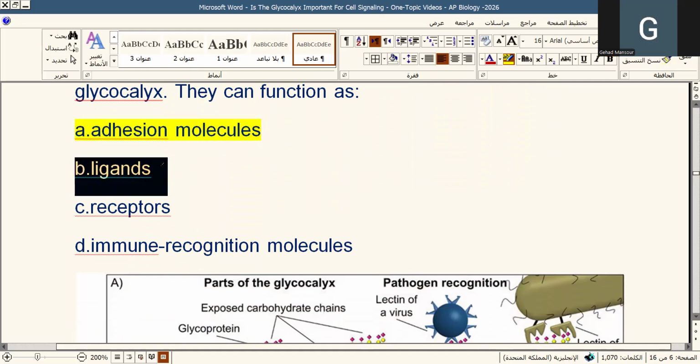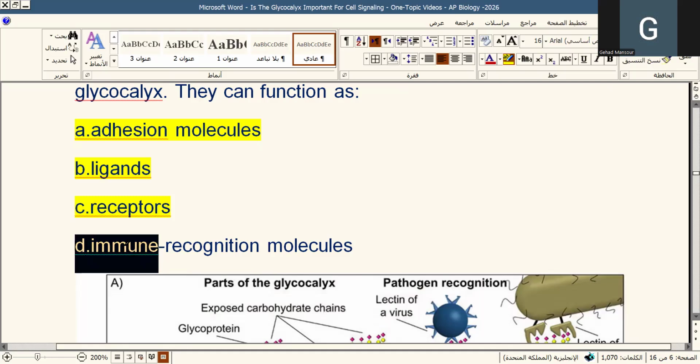They can also act as signaling molecules or ligands, and they can act as receptors. Note that B is the opposite of C. If you are a ligand molecule, then you will bind to a receptor to activate or inactivate a cell. But being a receptor is exactly the opposite, or the complementary, of being a ligand. And actually, they can do both.